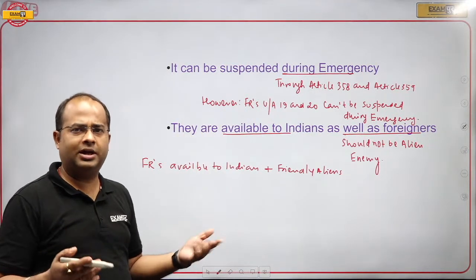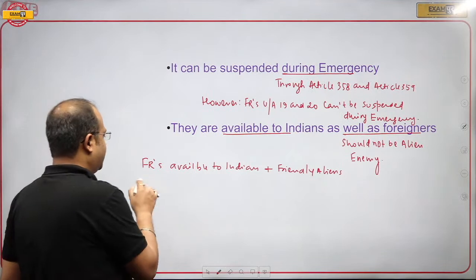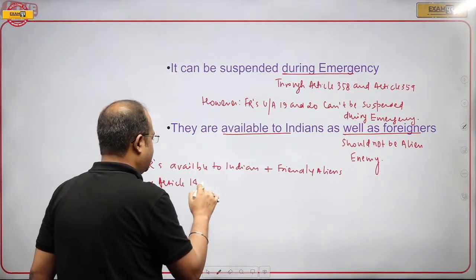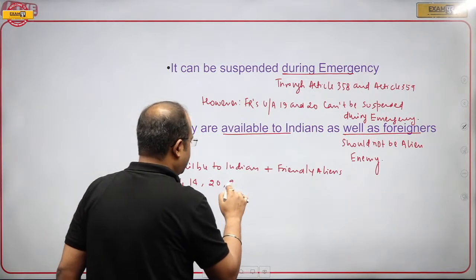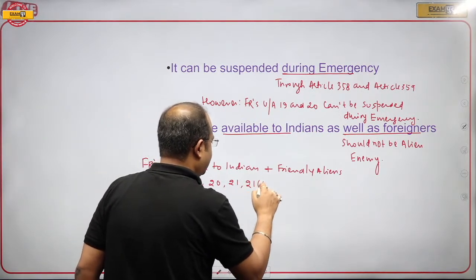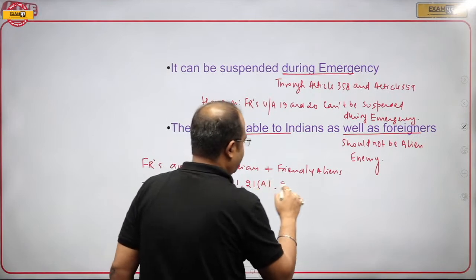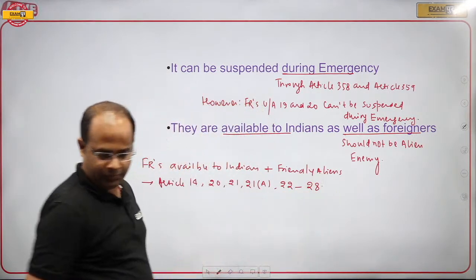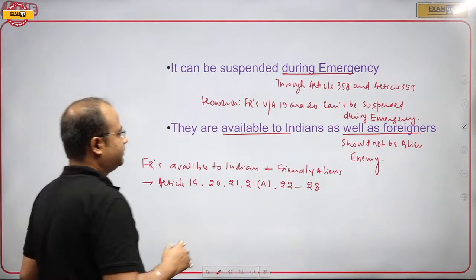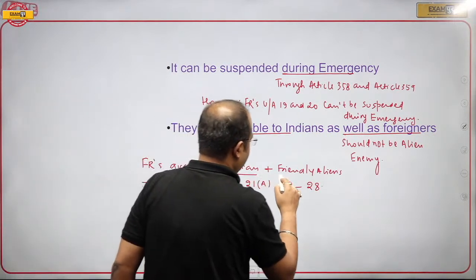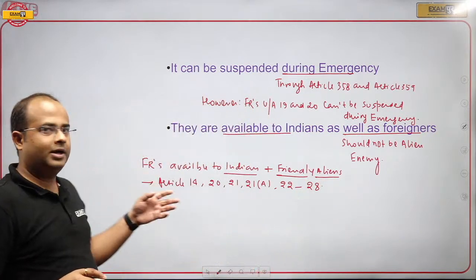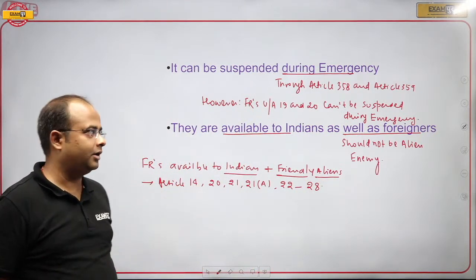Alien means non-Indians. The fundamental rights available are Article 14, Article 20, 21, 21A, and from Article 22 to Article 28. These are available to Indians plus friendly aliens, that means foreigners from friendly countries.